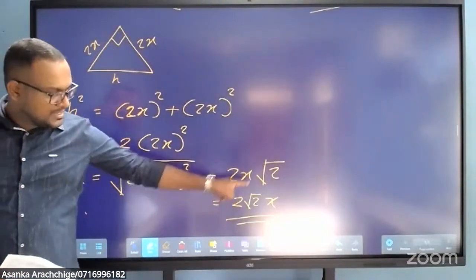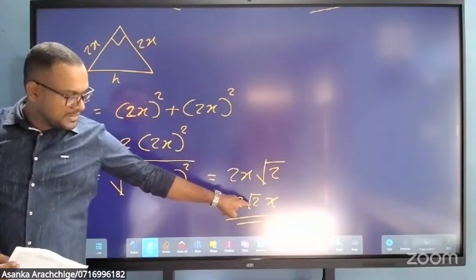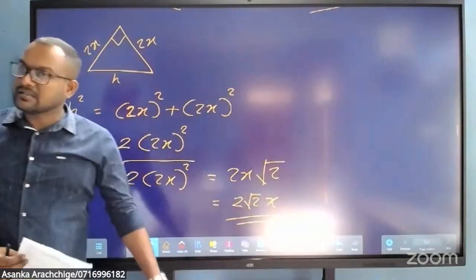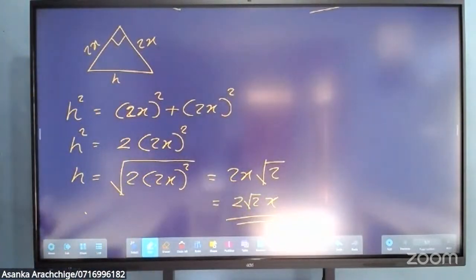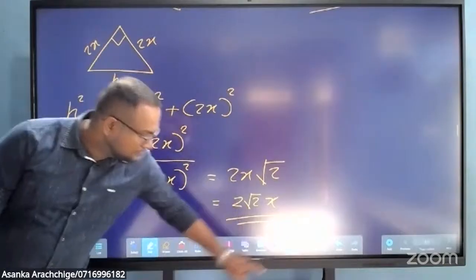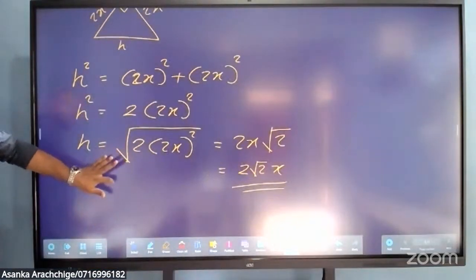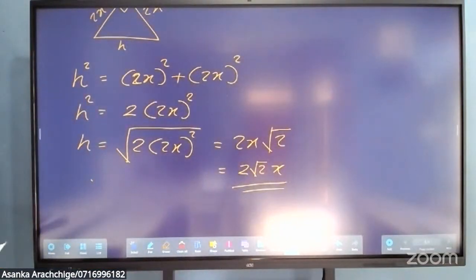This 2 first, square root of 2 next and x last. හරිනේ, හරි.